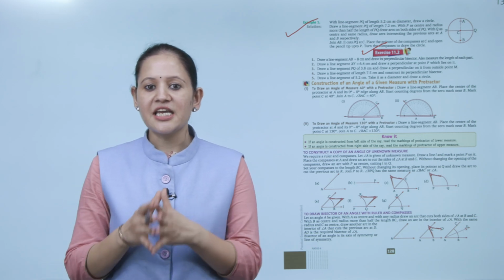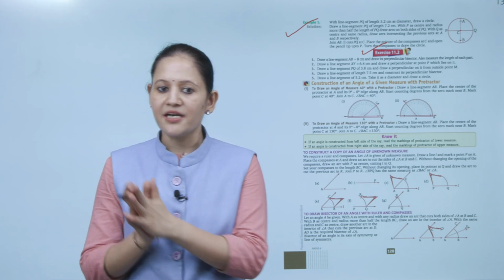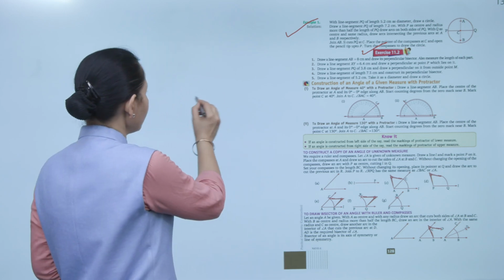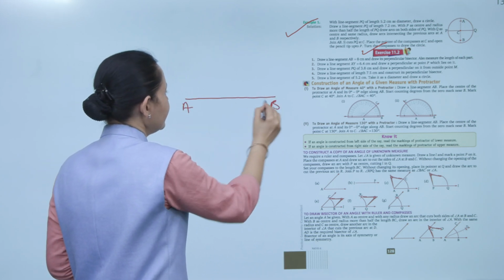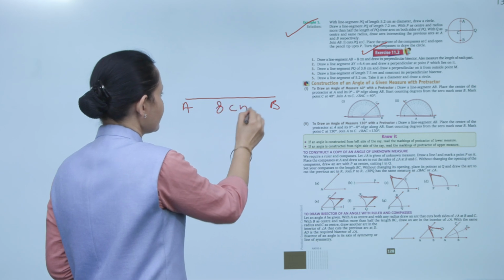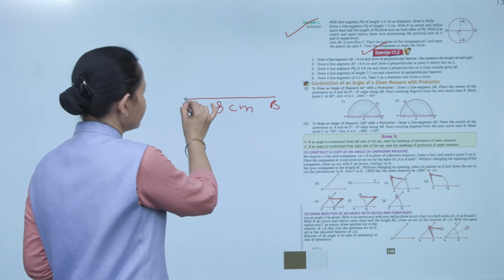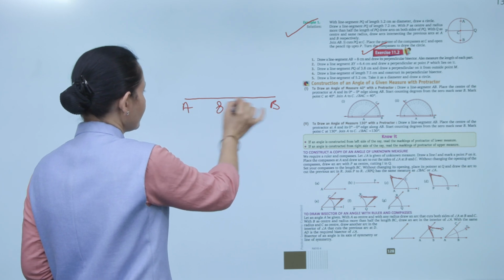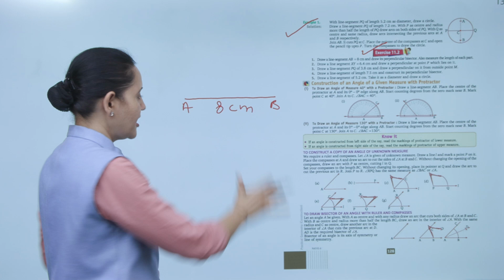Draw the line segment AB 8 cm. Draw its perpendicular bisector. Also measure the length of each part. So first we'll draw the line segment AB 8 cm. Now we'll take the radius more than half of AB.